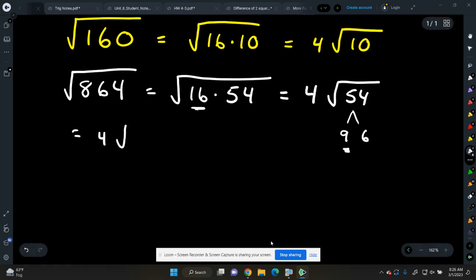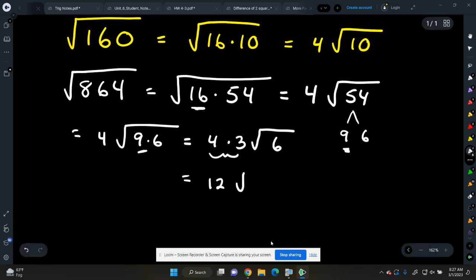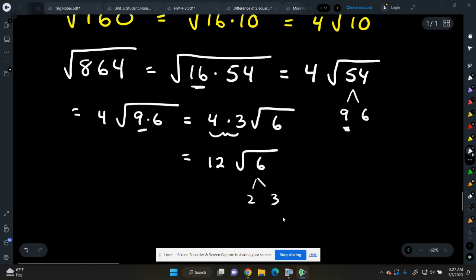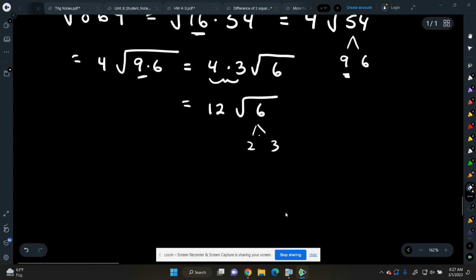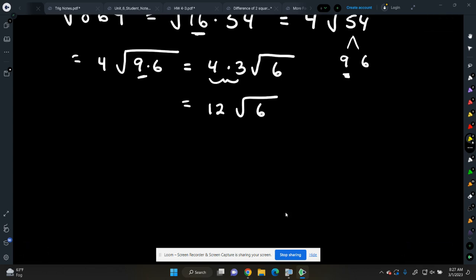So this is going to be 4 times the square root of 9 times 6. Take the square root of the 9 out, so 4 times 3. Now, everything that comes outside, they all get multiplied together, and that leaves me with 6 inside. So that's 12 square root of 6. Now 6 is 2 times 3, so I don't have any pairs there. So we just leave the 6 inside the square root. Is this starting to make sense? Refreshing your memory? Okay.